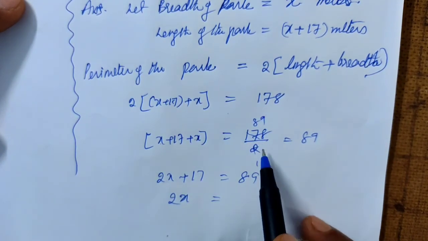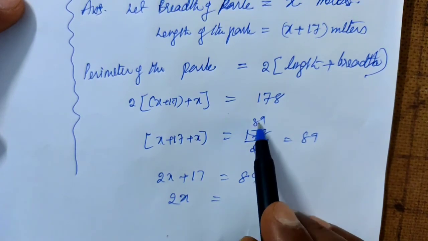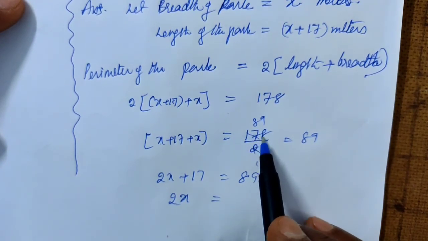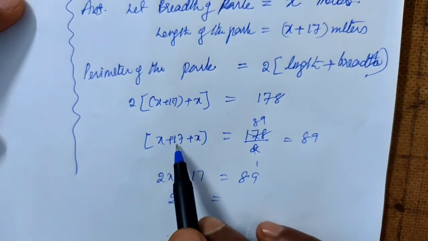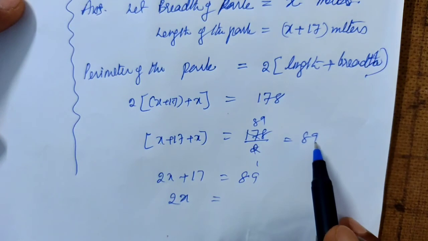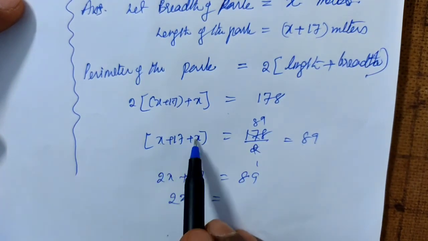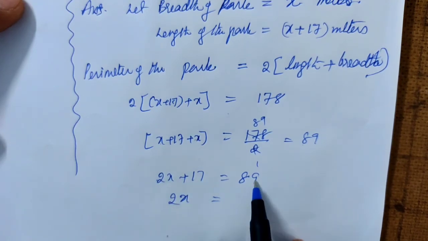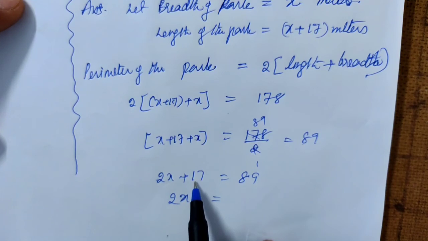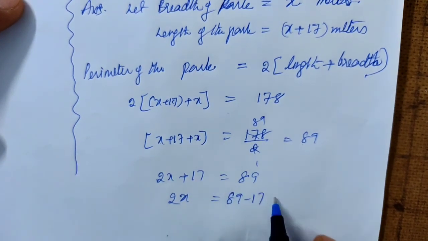So divide 178 by 2: 2 1s are 2, 2 8s are 16 and 18, now 2 9s are 18. So therefore x plus 17 plus x is equal to 89. So 2x, and this is 17, so 2x plus 17 is equal to 89. Now transpose this 17 to that side, 89 minus 17.